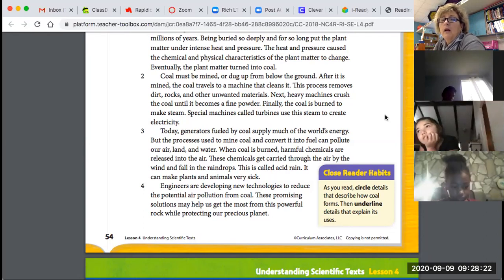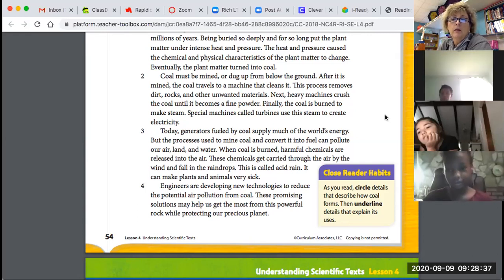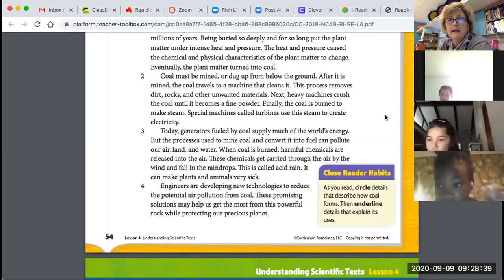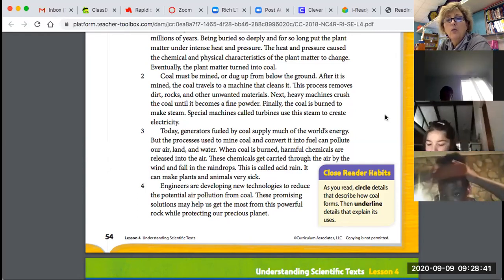Now, this story has given us scientific information about what? Coal. They're telling you how coal is made, where we find coal, what coal's used for.